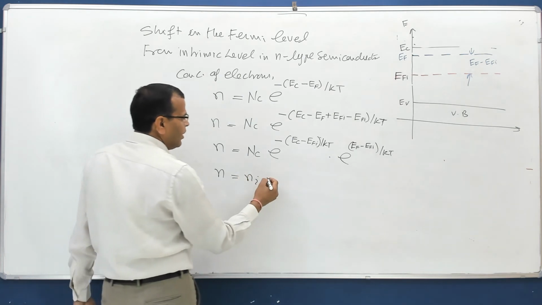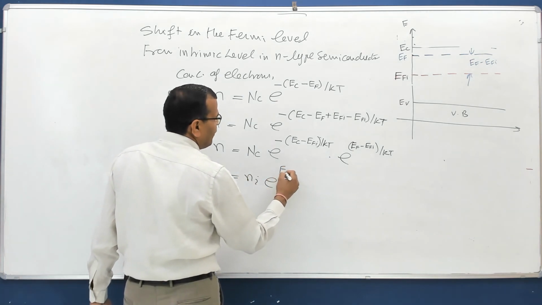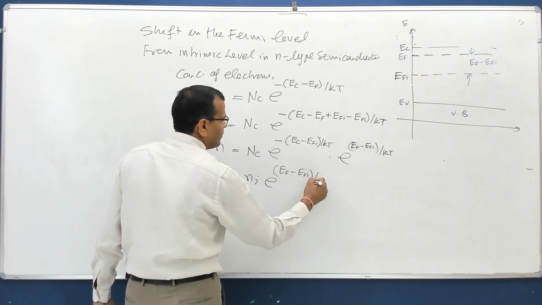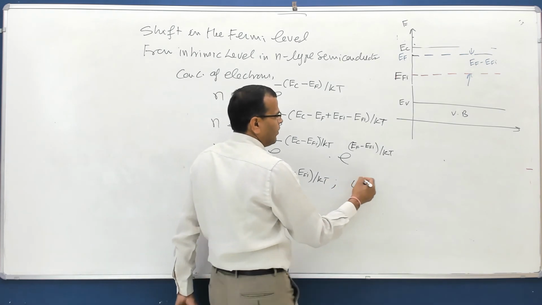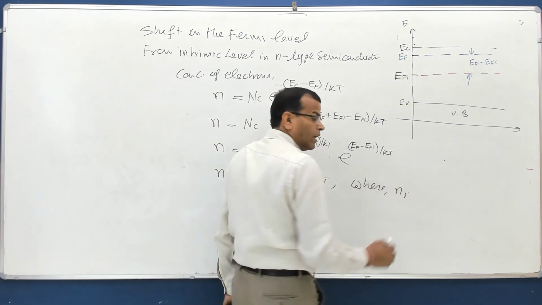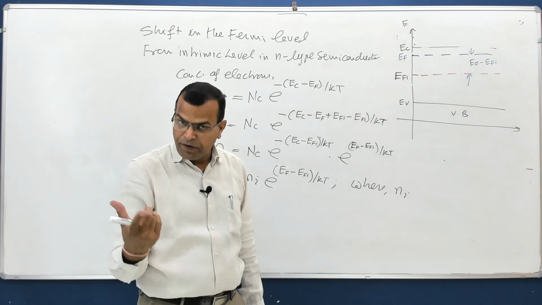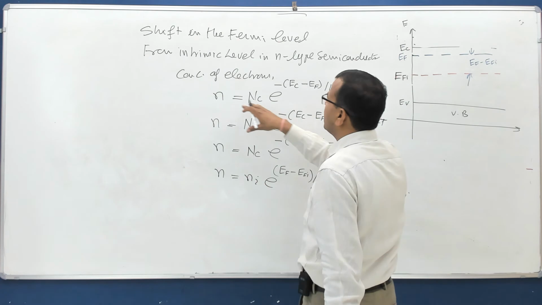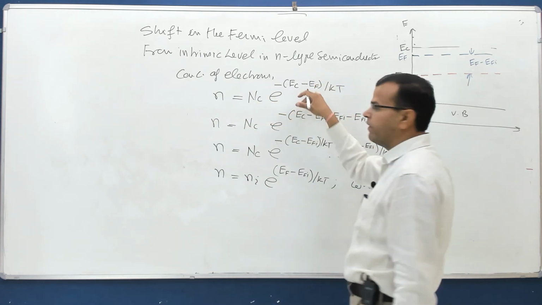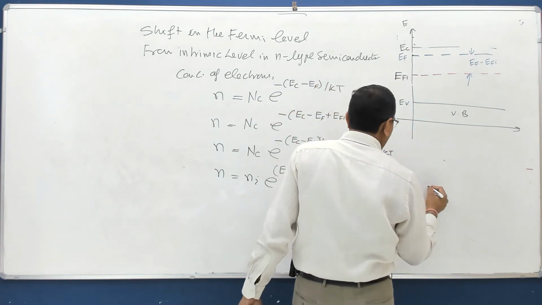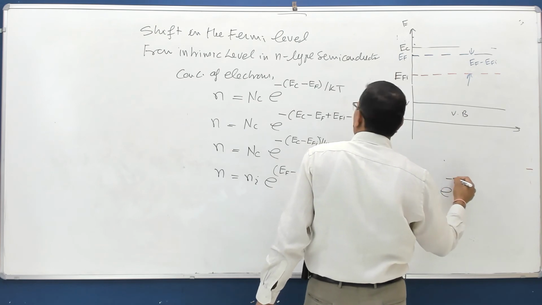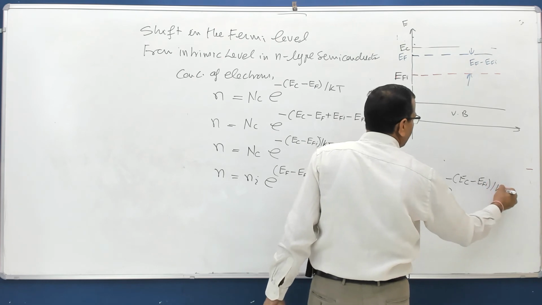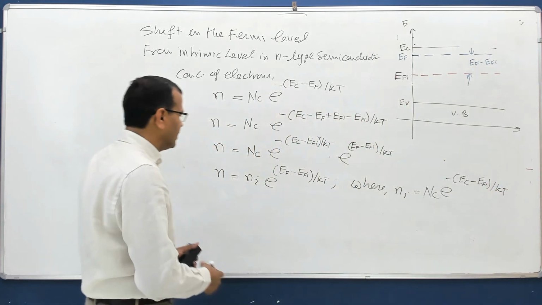So ni times e raised to the power EF minus EFI by kT, where ni is the concentration of electrons at the intrinsic level, equal to Nc e raised to the power minus EC minus EFI by kT.